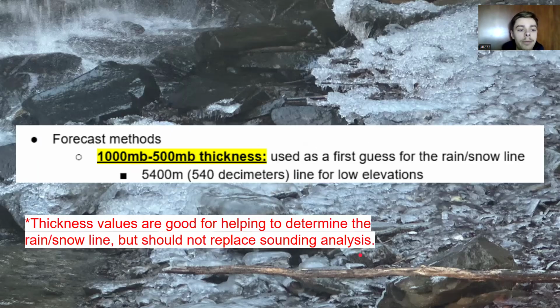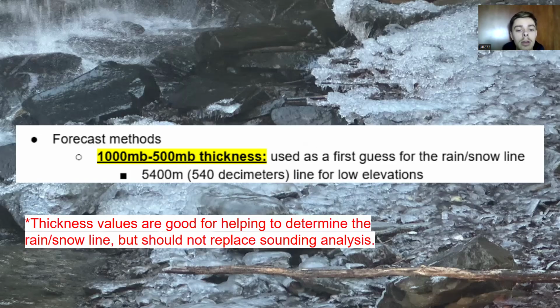There are some forecast methods where we can look at the thickness of layers of the atmosphere. What this really means is we have a certain level in the atmosphere, and the thickness values are telling you how thick that layer of the atmosphere is, and that can help us know.